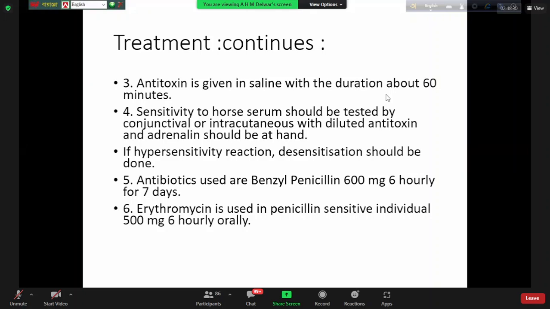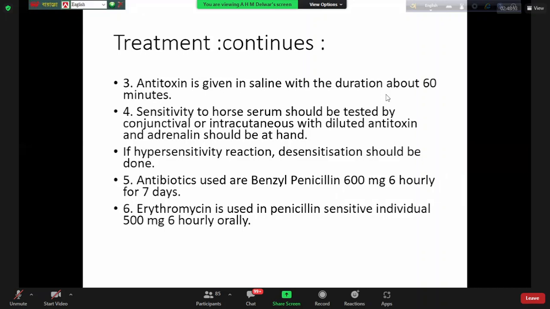Setup for giving antitoxin: sensitivity to horse serum should be tested by conjunctival or intracutaneous test with diluted antitoxin, and adrenaline should be at hand. We keep a small diluted portion for the intracutaneous test.